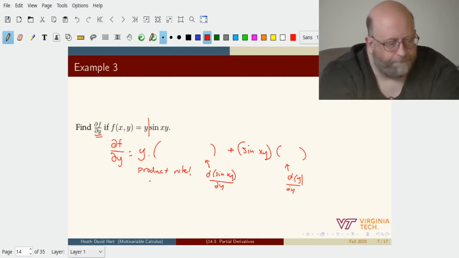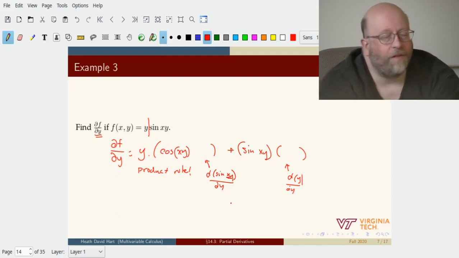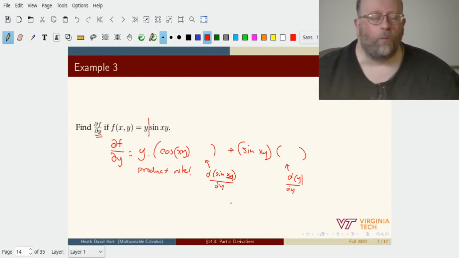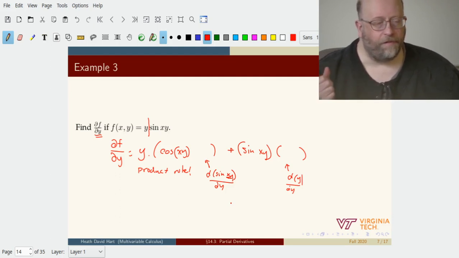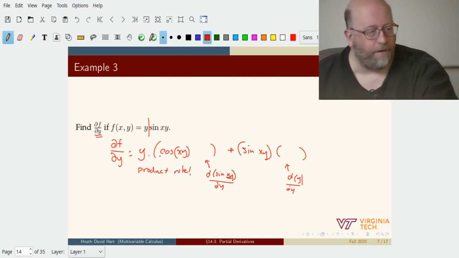All right. The derivative of sine of something becomes cosine of that same thing. And then we have to take the derivative of what's inside the trig function. Well, the derivative of xy, x stays the same because we're taking the derivative with respect to y. It doesn't change, but the derivative of y becomes 1.